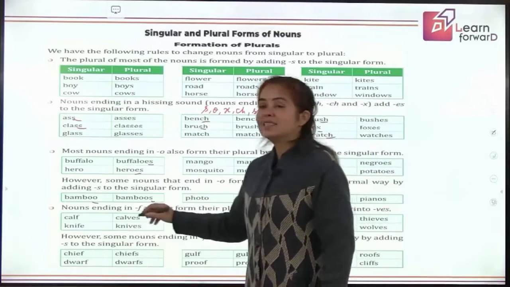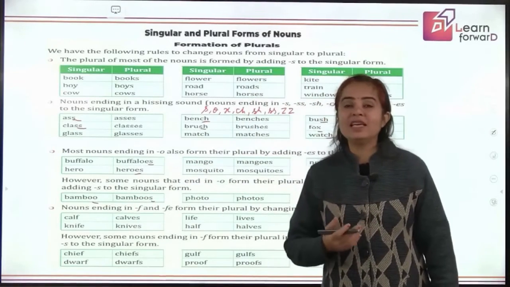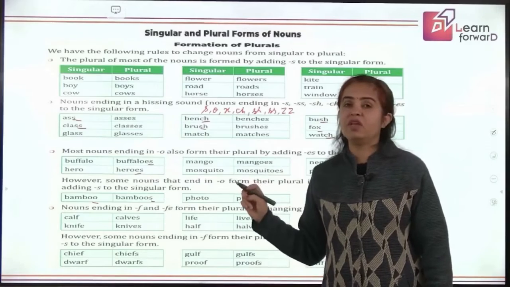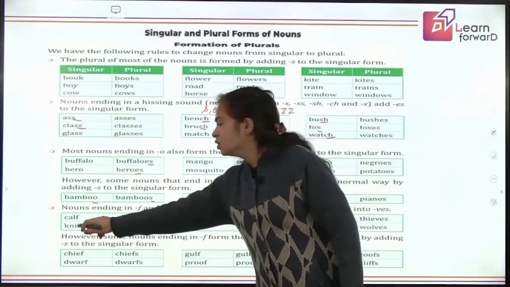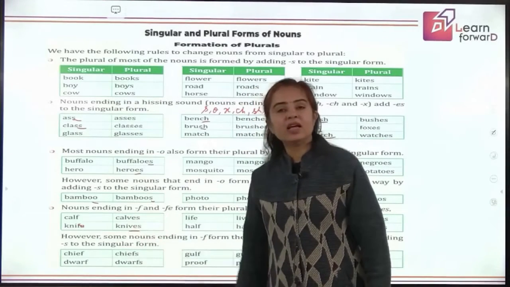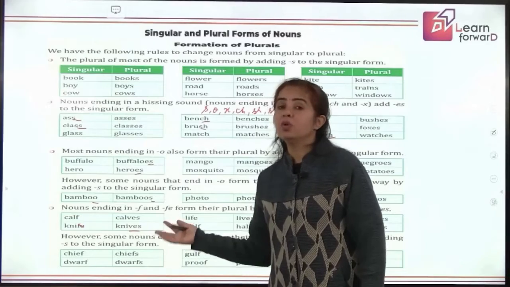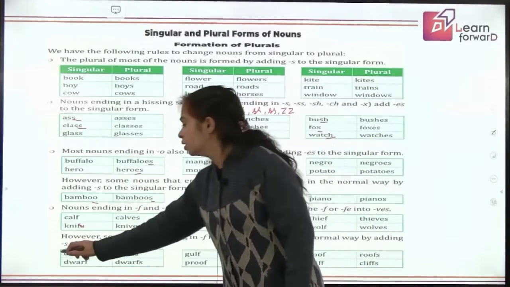Now, the next is f, fe. What do you add there? Good, we add ves in place of f, fe, like knife. So we just remove fe and we add ves, we get knives. So this is how you get the plurals, but here also you have some exceptions. You will have to learn them.